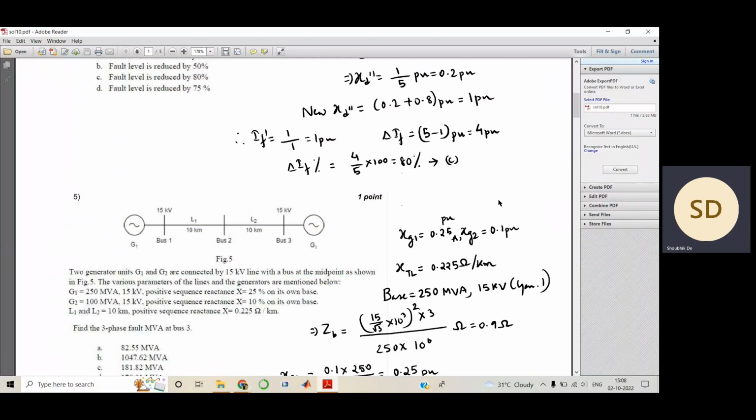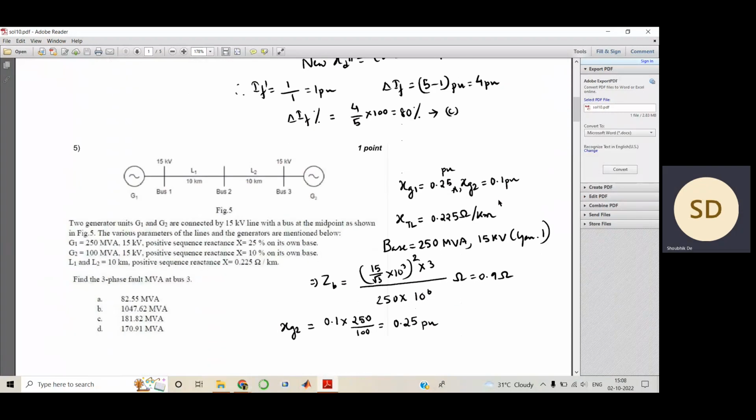So these two topics are pretty simple, and they are also one of the most important topics of this power system analysis.